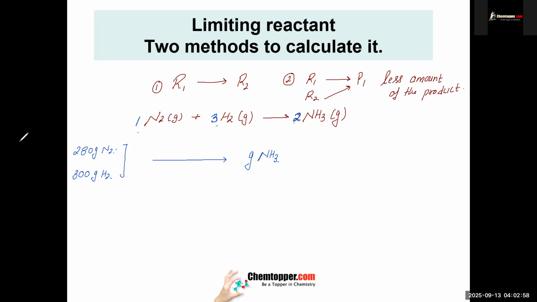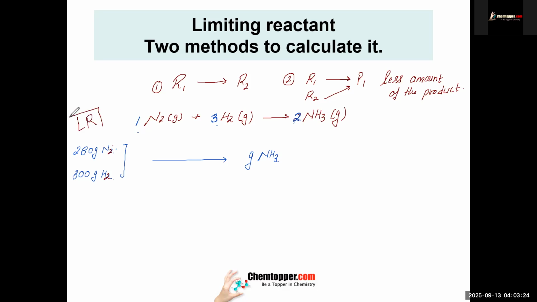Now, if you carefully observe, both the reactants are given to you. N2 is given, H2 is given. So when all reactants are given, if there are 2 reactants, both of them are given. If there are 3 reactants, out of 3, 2 are given. If more than one reactant is given, then it becomes a question of limiting reactant.